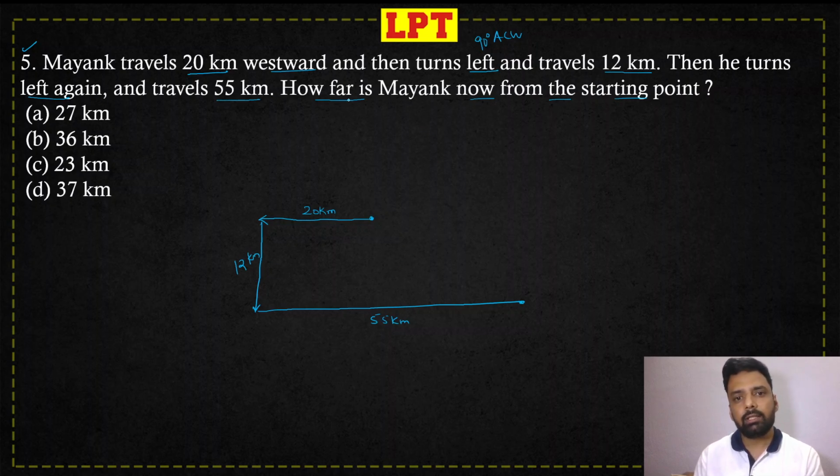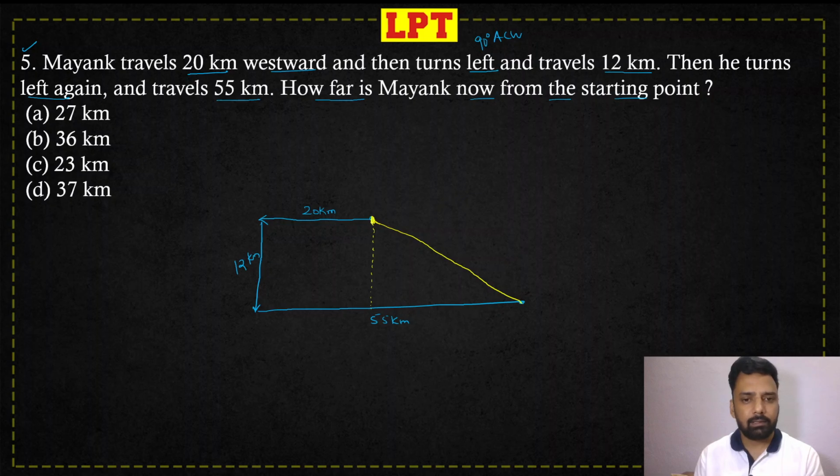Whenever the question is asked how far is he from the starting point, then we have to find the shortest distance. To find the shortest distance, I will make a right angle triangle. If I draw this line, then I have to find out this length. This is the distance from the starting point.